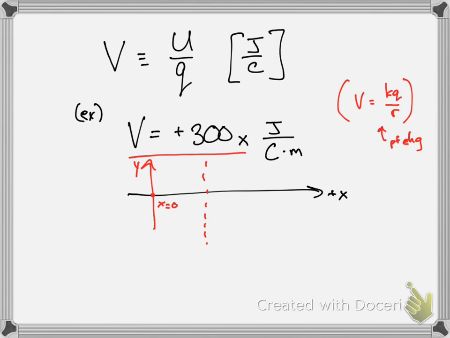V equals 0 at x equals 0, right? And at x equals, let's say, 10 centimeters, then V is equal to 300 times 0.1, which is 30 joules per coulomb, right? The potential increases in the plus x direction. That should be pretty clear from the function V equals 300x.